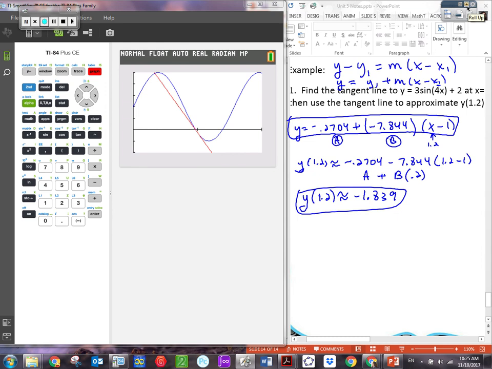So this is 1 and this is 2. So 1.2 is really close, right? Maybe in here. I don't know. So we basically used this value to approximate that value. So it's a fairly good estimate. Maybe not perfect, but it's pretty good. That's what we just did. Okay, does that make sense? All right.